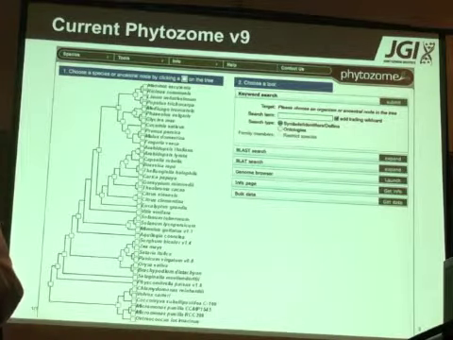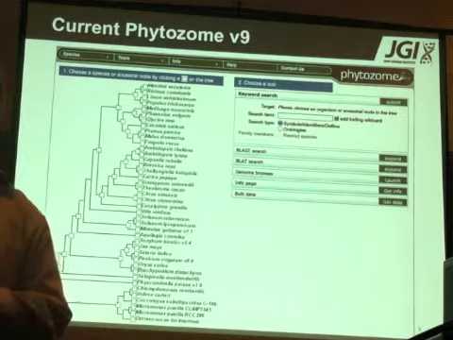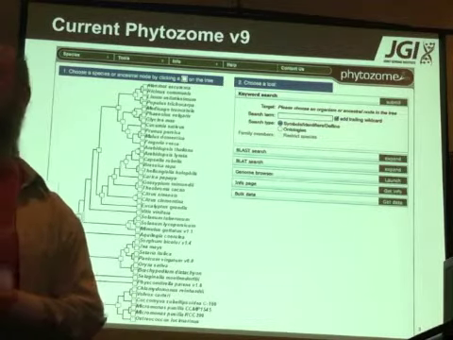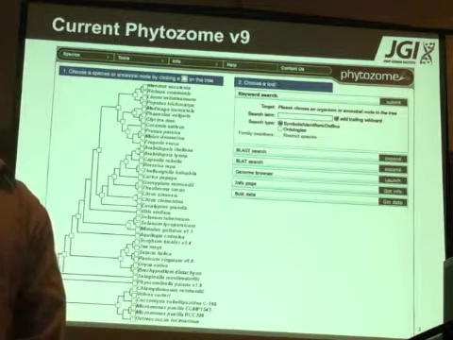So I think those are going to coexist. And then what I'm going to focus most of my time today on is discussion of moving from GBrowse to JBrowse and what that entailed with this many genomes.